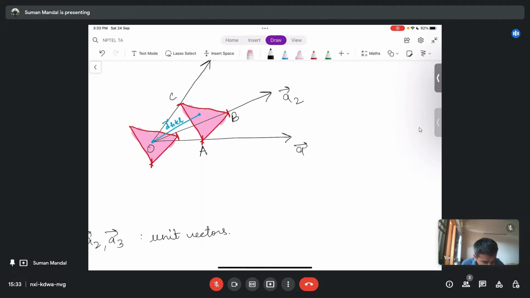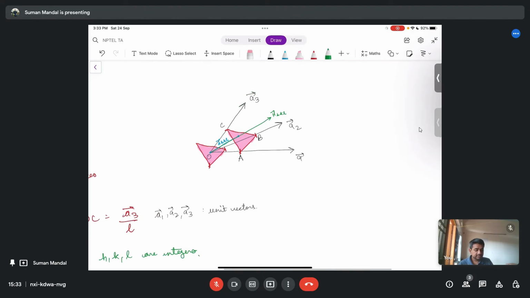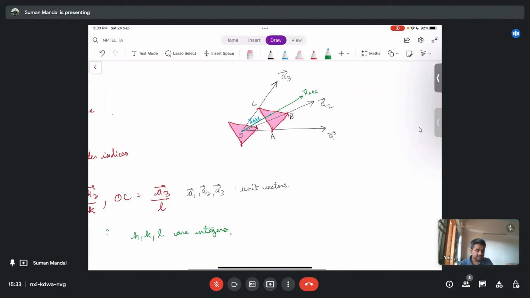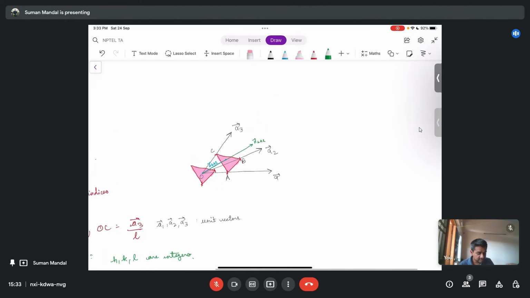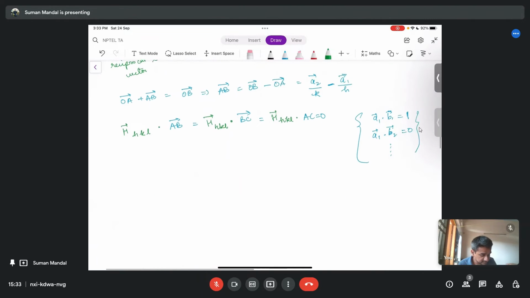So HKL will also be in this direction. This is the direction of HKL. And from the image, we can directly say that DHKL lies on HKL, but anyway, we'll solve for it.